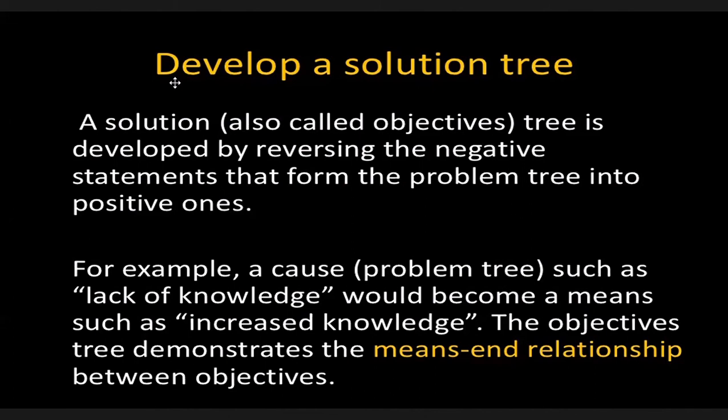Okay, so you have that particular problem tree already. You were able to identify the causes, and the causes have to be by consensus. There are going to be a lot of causes, but if it's not going to be solved, then don't think about that one.